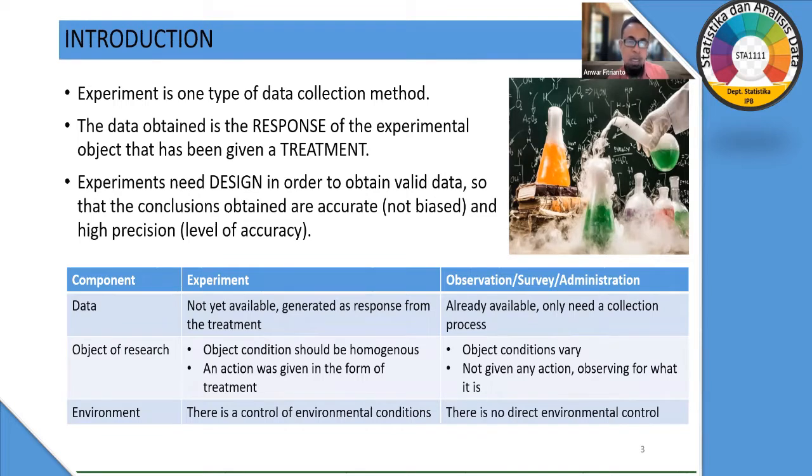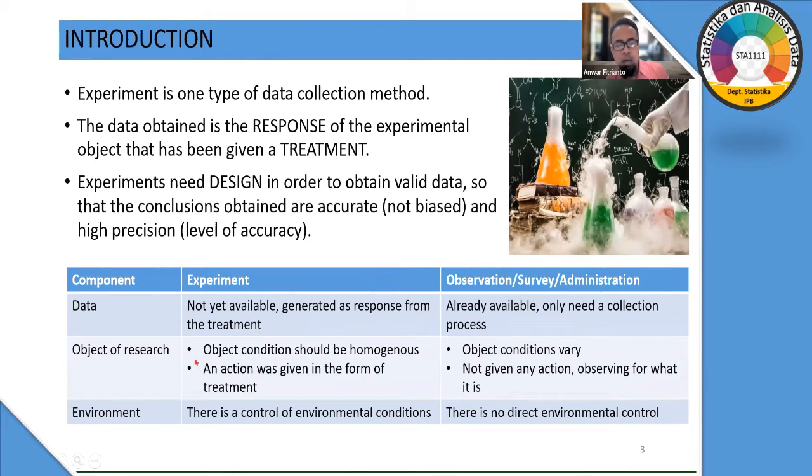But in an experiment, the data is not available until you conduct an experiment and then do a measurement. In a survey, as I explained, the data is already available, but in an experiment it is not yet available until you conduct the experiment, so you only need to collect the data. That is the difference between collecting data through an experiment and through a survey, as we learned in our last lecture.